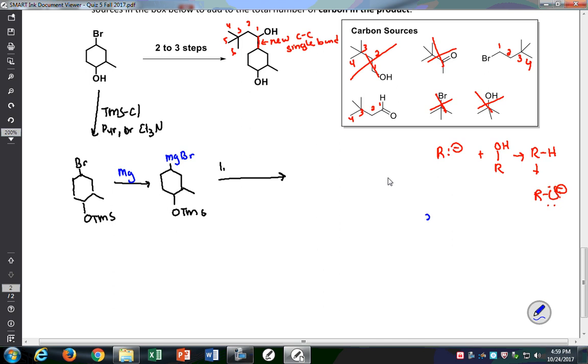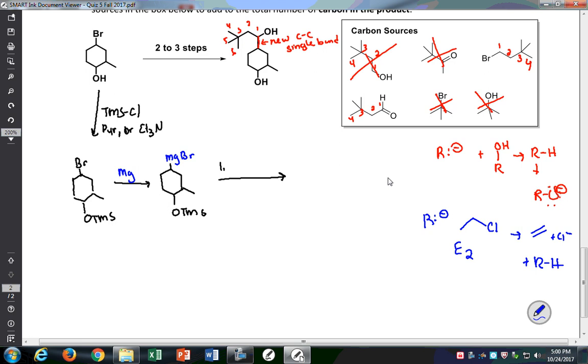In theory, our R negative should react with an alkyl halide, but what actually happens is we get the E2 reaction, and again, RH. So again, our Grignard would rather act as a base. So what we need is to react it with a carbonyl.